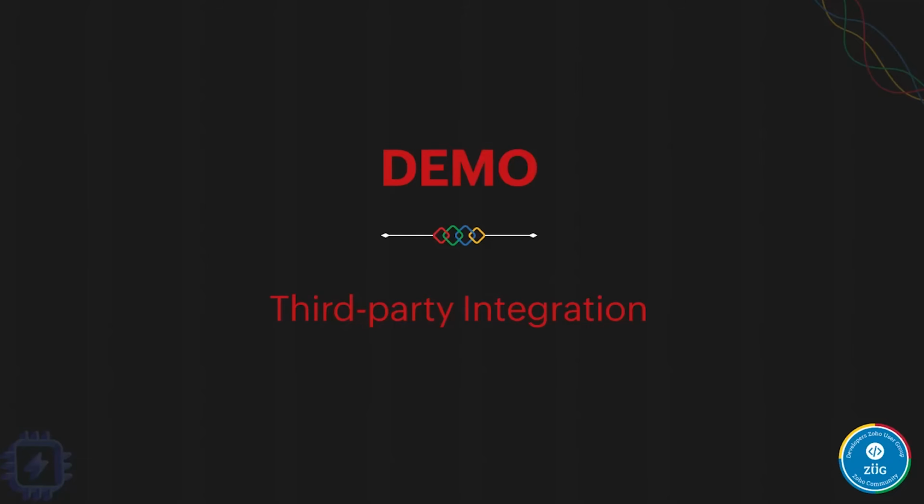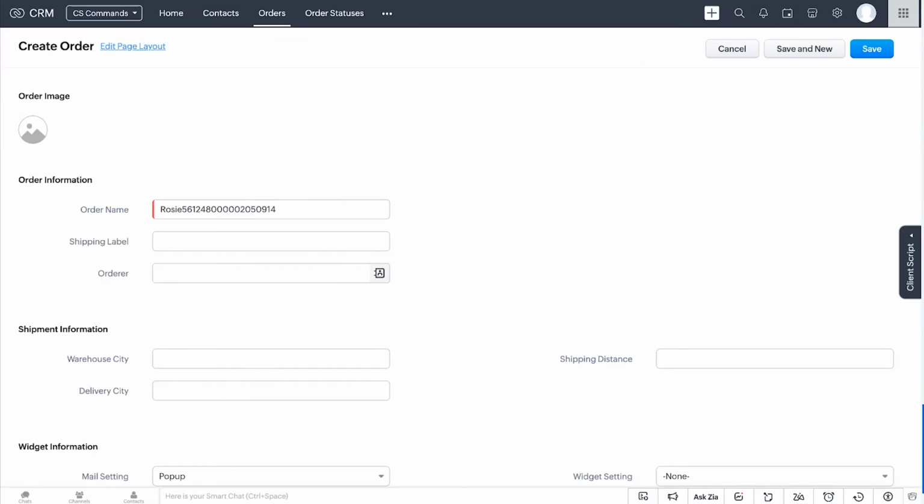From the client script JavaScript code, you'll be able to call the Deluge function, in which you might have a third party API integrated. So there are a lot of ways in which a client script can use a third party API service. So obviously a client script command can do the same.